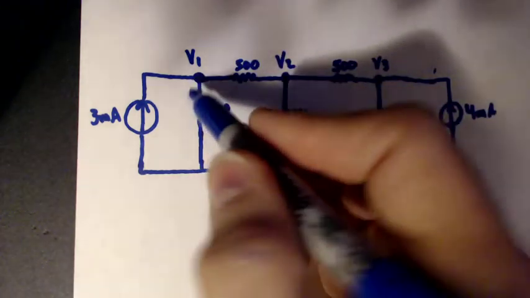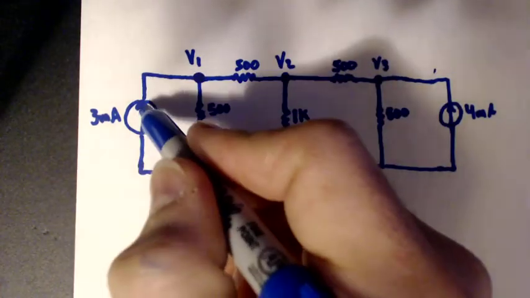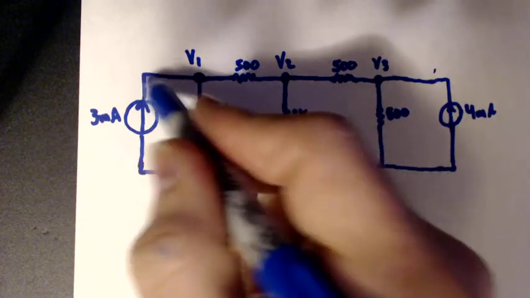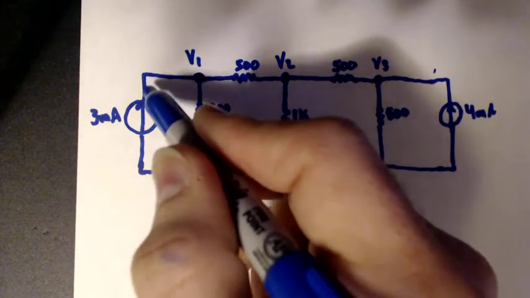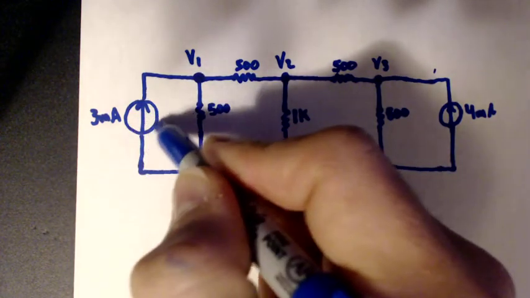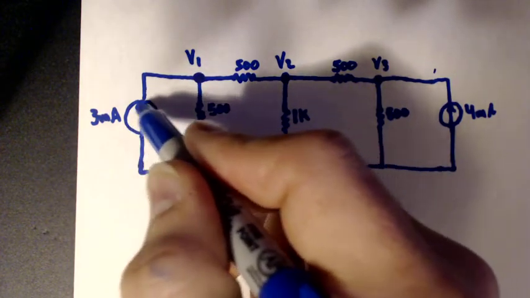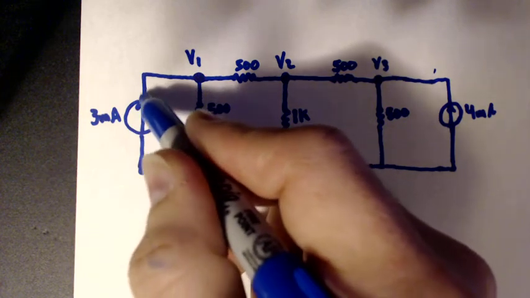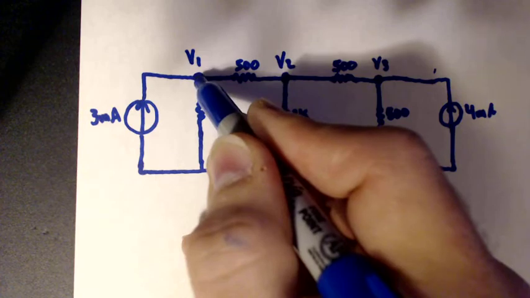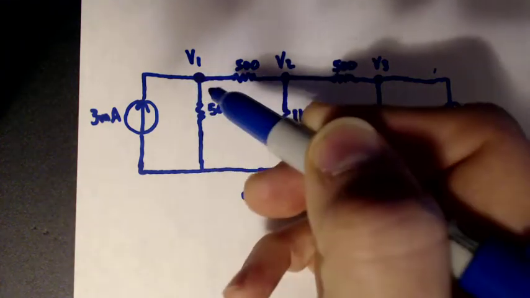Look at this wire that's going in or leaving V1. If you notice, I already have it listed. In other words, I have a constant current source of 3 milliamps that says I have current going into this node at 3 milliamps. So that's almost a given.